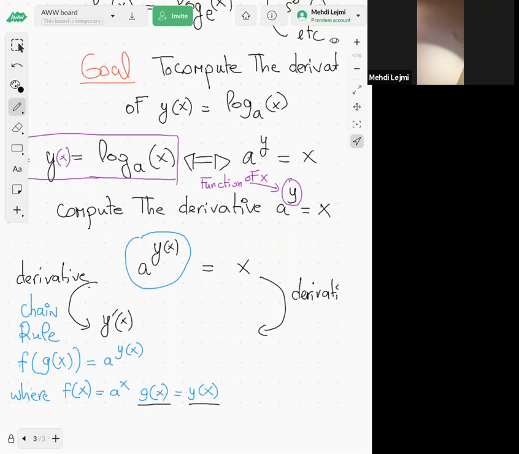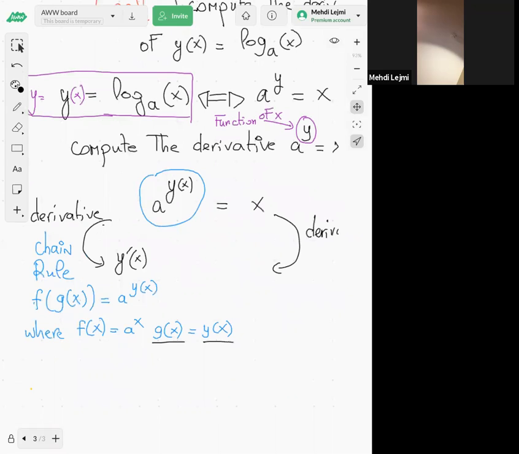So g prime of x will be y prime of x. Now, what about f prime of x? Well, f of x is a to the x, so we said the derivative of the exponential on base a of x is a to the x times ln of a.